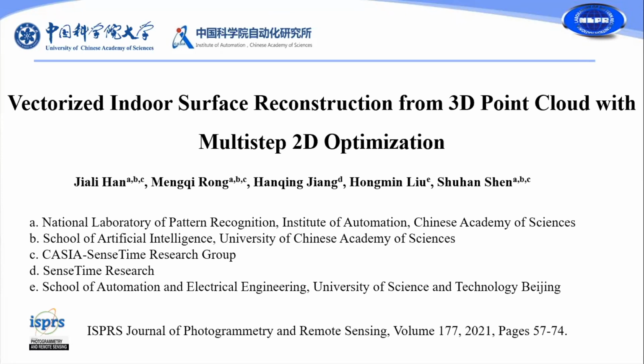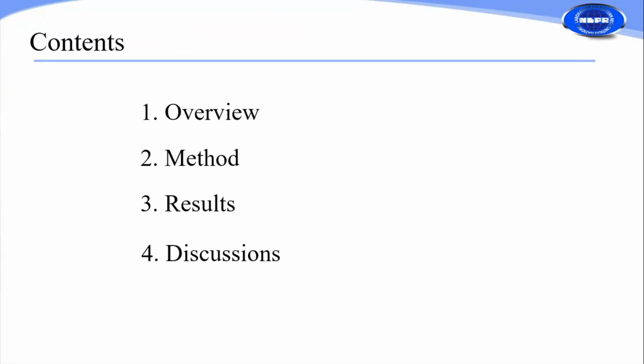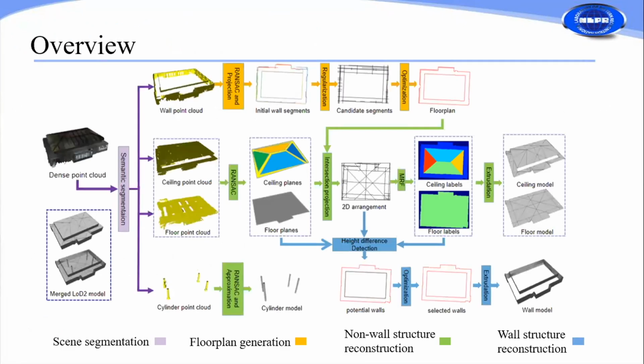In the next 15 minutes, I will share this paper with you from 4 aspects. This paper aims to convert the input point cloud into a vectorized 3D model, including the permanent structures, and our pipeline consists of 4 stages, namely scene segmentation, floor plan generation, non-wall structure reconstruction, and wall structure reconstruction.